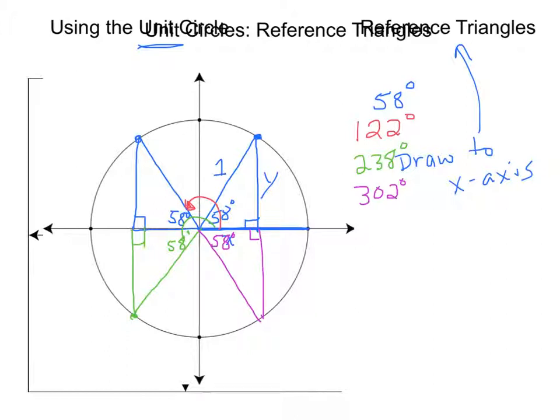Okay? One shortcut, which might kind of go over your head right now, is that we have a little shortcut to remember what's positive and negative. In quadrant 1, all are positive. So sine, cosine, tangent, all positive in quadrant 1. Okay, in quadrant 2, what is positive?